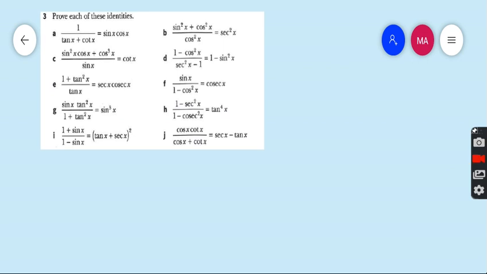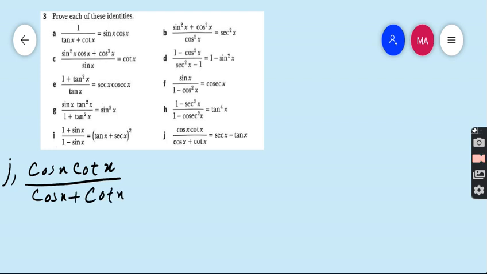See this part again. Part H, sorry, part J. Cos x cot x upon cos x plus cot x is equal to sec x minus tan x.